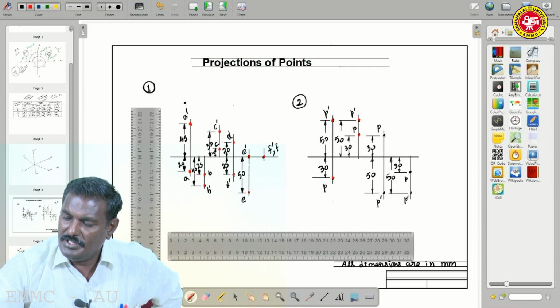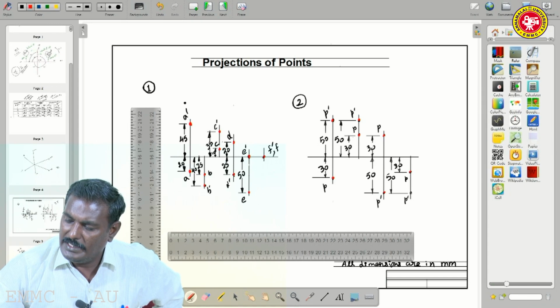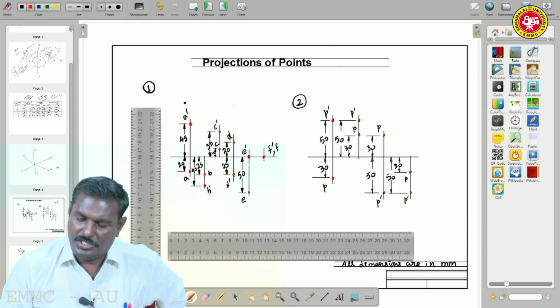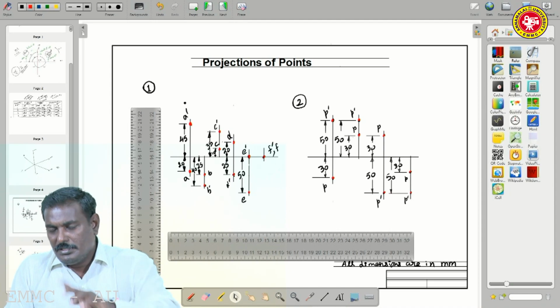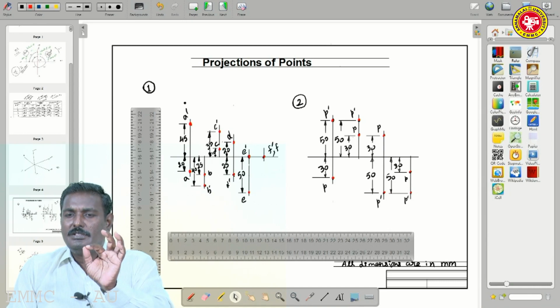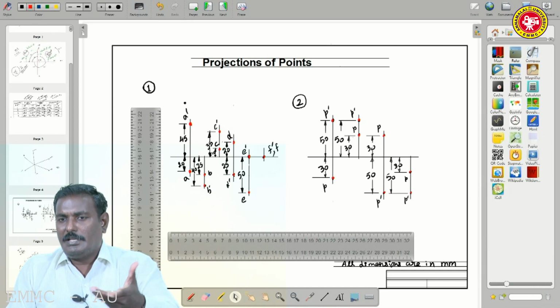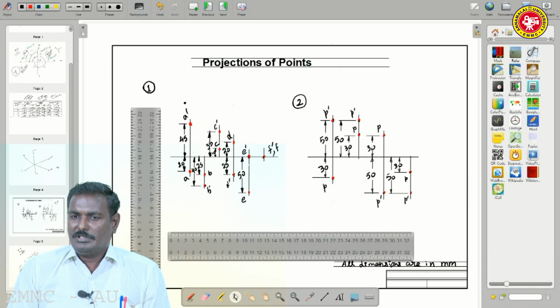So the points are darker than other lines. That's why I stated all lines are to be drawn using 2H pencil, and the points with H pencil, showing brighter than those thin lines. So that is the concept.